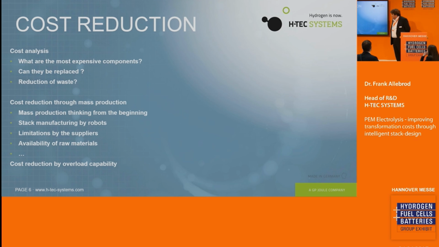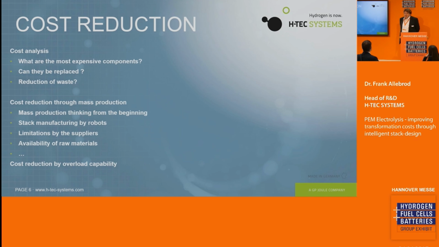And of course, if it comes to 10,000 and 100,000, there must also be the possibility to manufacture it by robots. Think about limitations by the suppliers. If you have a good supplier, can the supplier also deliver 10 times, 100 times more than he is delivering now? And of course, one challenging point, especially if it comes to PEM electrolysis, is the availability of raw materials.